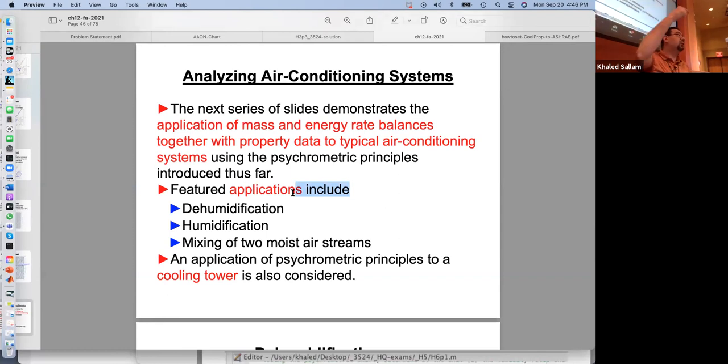You bring the return air, you mix it with the fresh air, and you come up with a new stream. That's the one that goes to the house again. So you need to be able to find out what is the property of that mixture. Okay, and that's basically what this part is about. When you have this and this, 40%, 30 degree, 10%, 15 degree, coming together, what will come at the end?